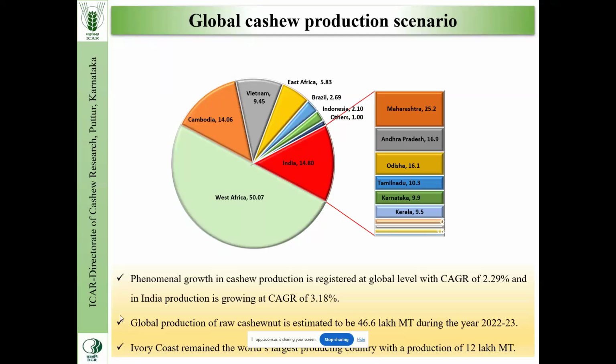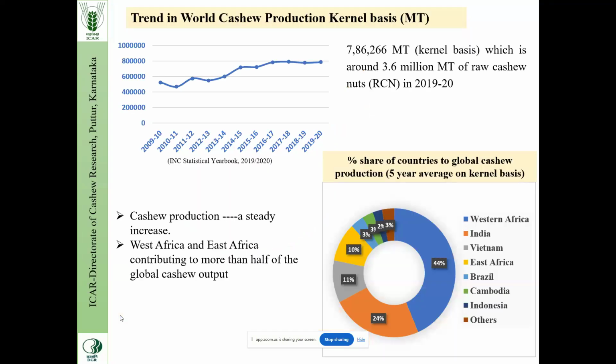And Ivory Coast remained the world's largest producing country with a production of 12 lakh metric tons. If we see the trends in world cashew production on kernel basis, starting from the year 2009-10 to 2019-20, there is an increasing phase we can notice.